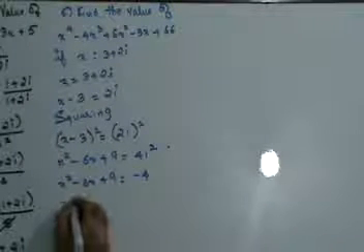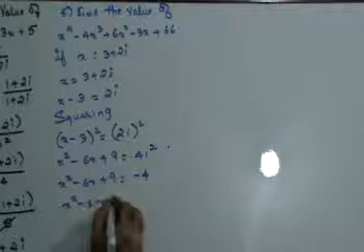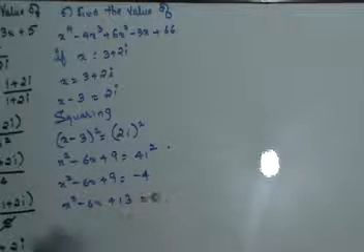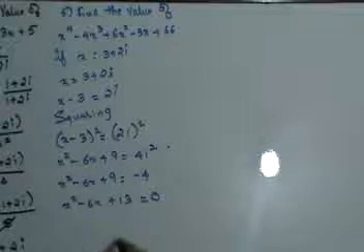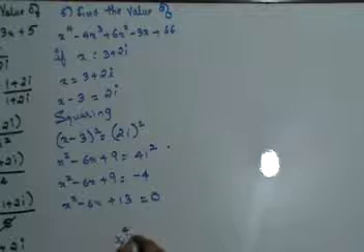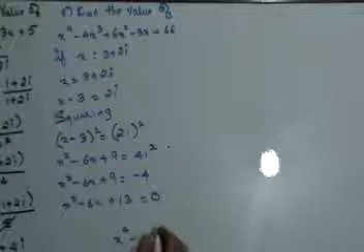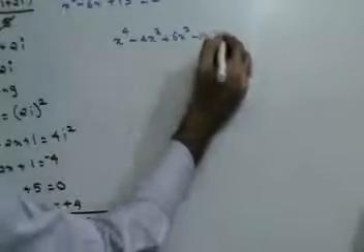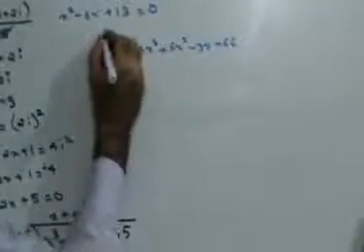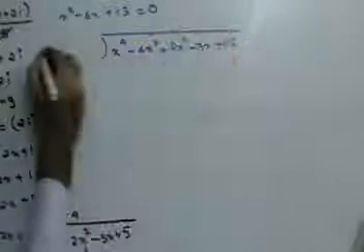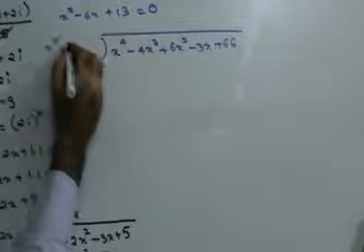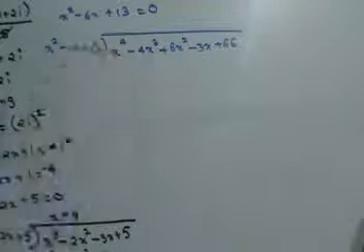Take this on the other side, I'll get x square minus 6x plus 13 is 0. Now, they've asked you to find out the value of x4 minus 4x cube plus 6x square minus 3x plus 66. Divide this by the polynomial you just got, x square minus 6x plus 13.